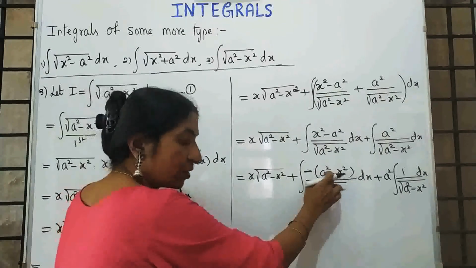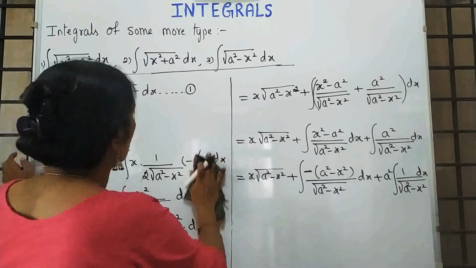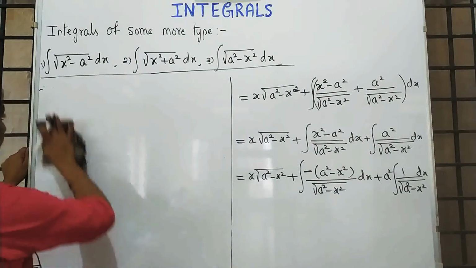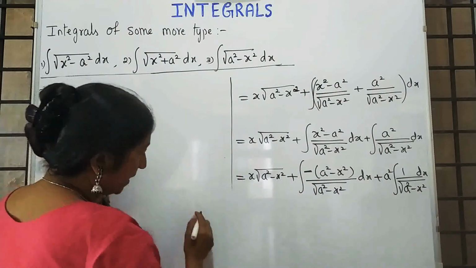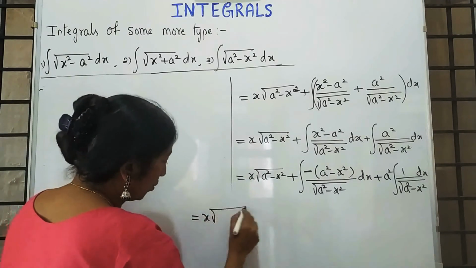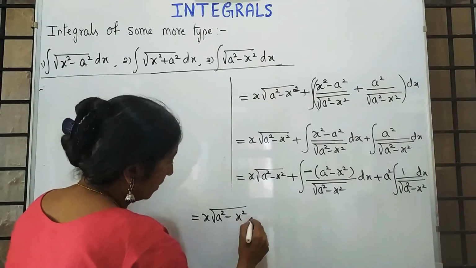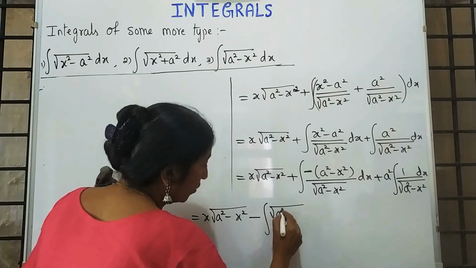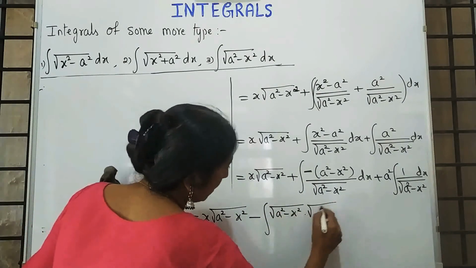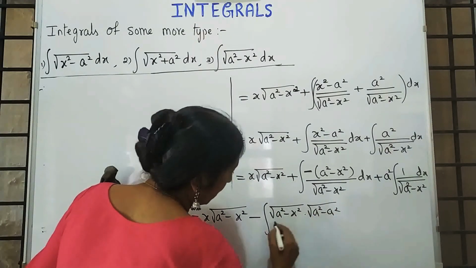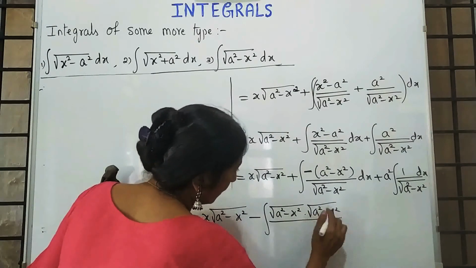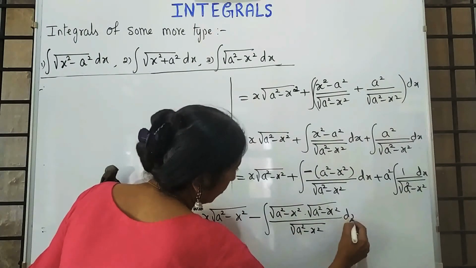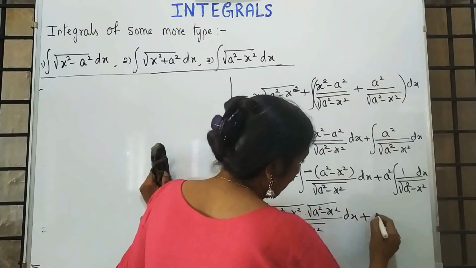And again same concept, x square is written as root x into root x. Applying that same concept, we are writing it as x into root of a square minus x square, plus into minus is minus, root of a square minus x square into root of a square minus x square upon root of a square minus x square into dx plus a square.